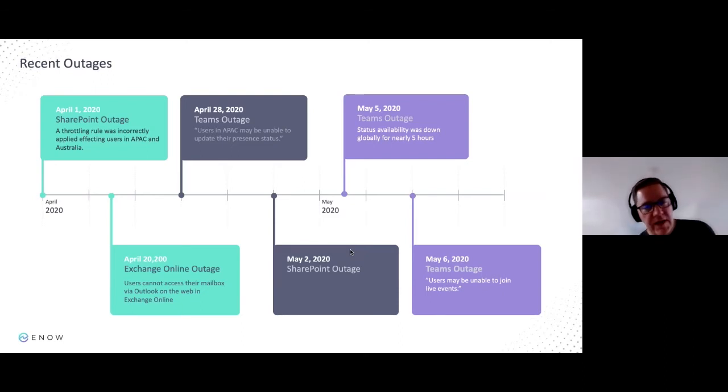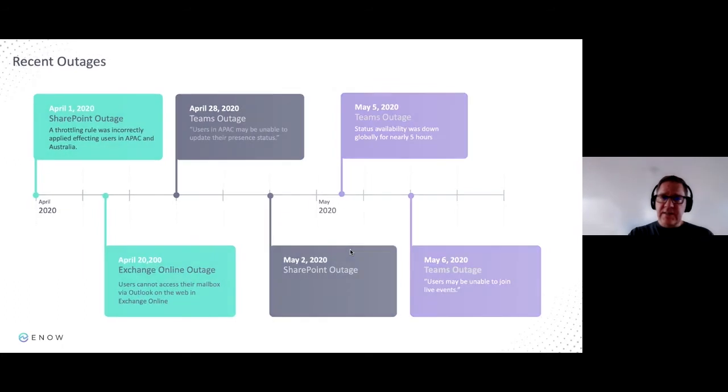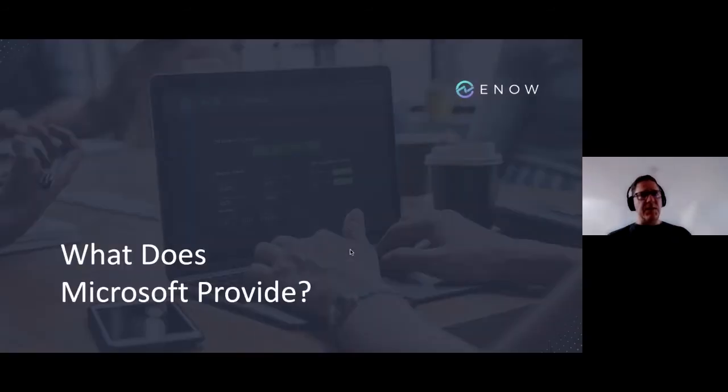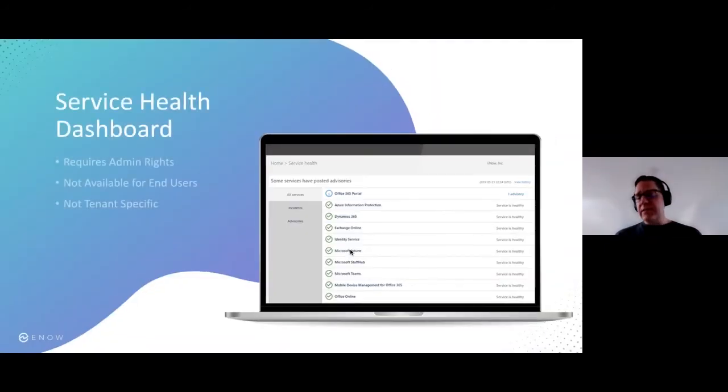So from an organization perspective, being able to have the proper information to respond to these things and to set expectations for your employees is critical, because if you're not able to set expectations with your employees, that really reflects poorly on you as the IT department, even though it's Microsoft that is running the service. You still own that communication and that expectation of delivery to your employees.